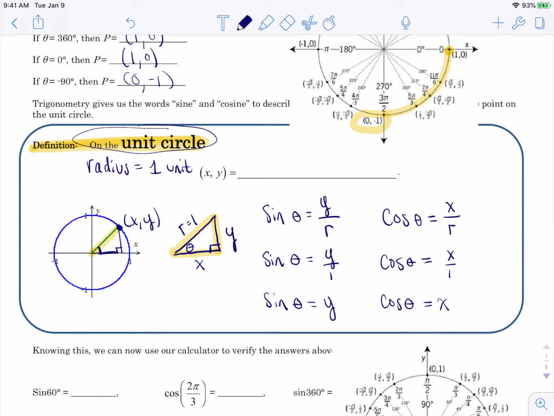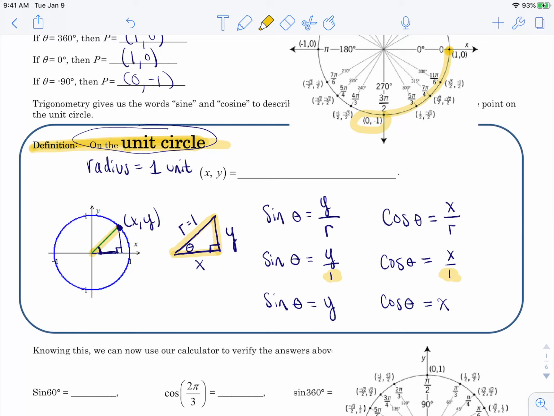Now, this is only true when your hypotenuse is 1 and when you're in the unit circle. And so what's really special about this is this will always happen because you're always dividing by 1 in the unit circle.